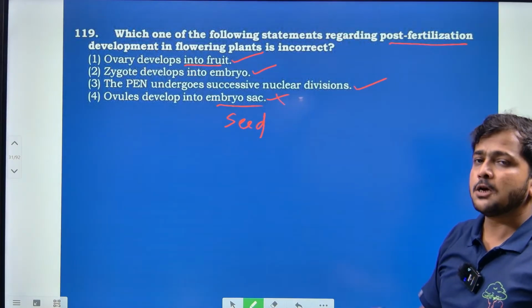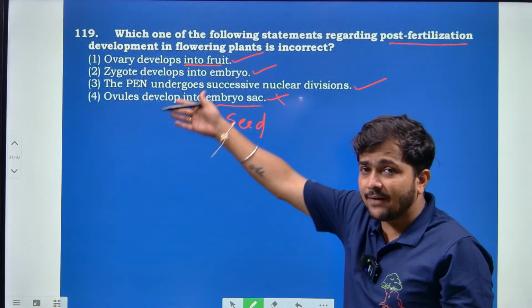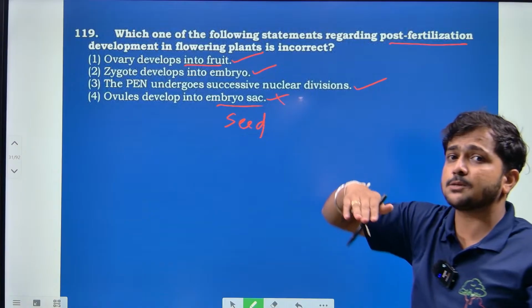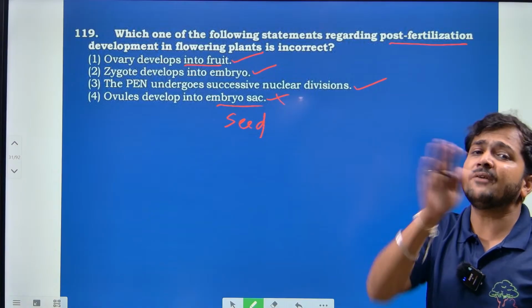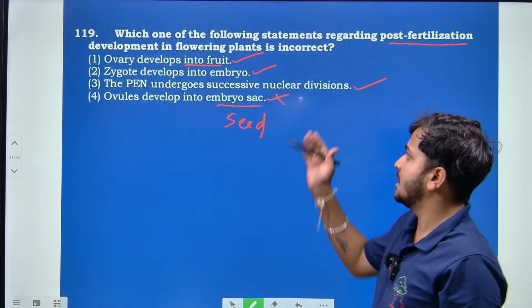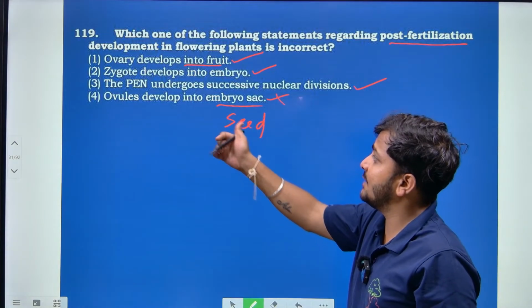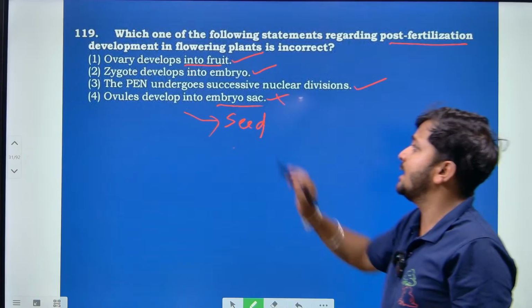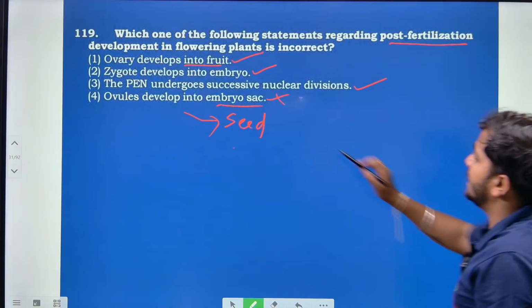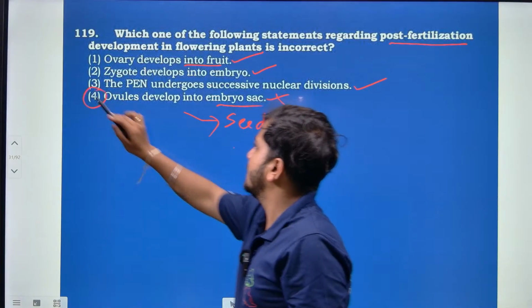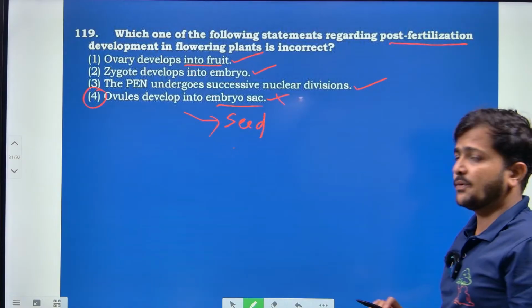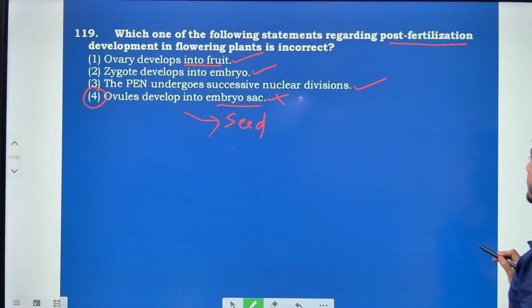If this statement is considered correct, it is correct with respect to the pre-fertilization event, not the post-fertilization event. So for the post-fertilization event, ovules develop into the seed, not the embryo sac. So this is the answer, because they asked for the incorrect statement regarding post-fertilization events.